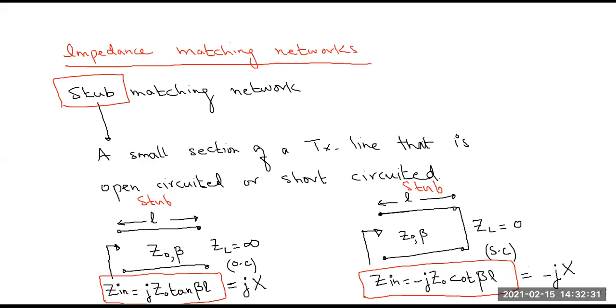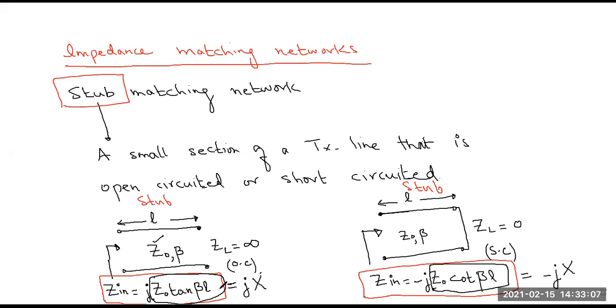Now, the important point is how much the value of this X is. The X value depends on the parameter Z0 tangent beta l, and in this case X will be equal to Z0 cotangent beta l. Now, what is the range of possible values? X is equal to Z0, and Z0 is a constant number. It can be 50 ohm, 100 ohm, or any value depending upon the characteristic impedance of the transmission line.